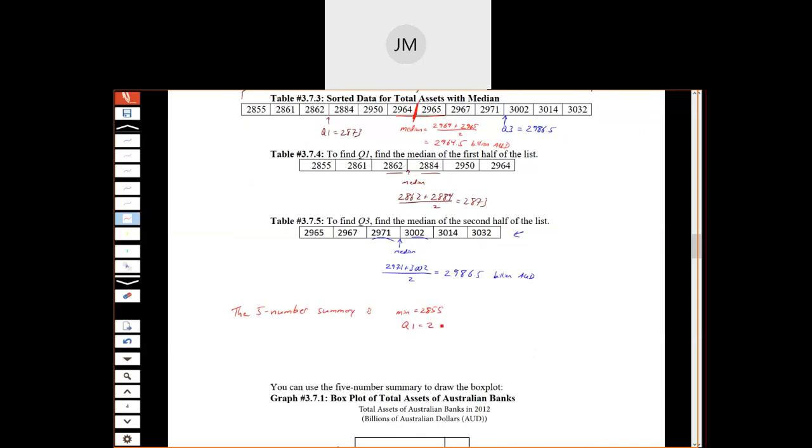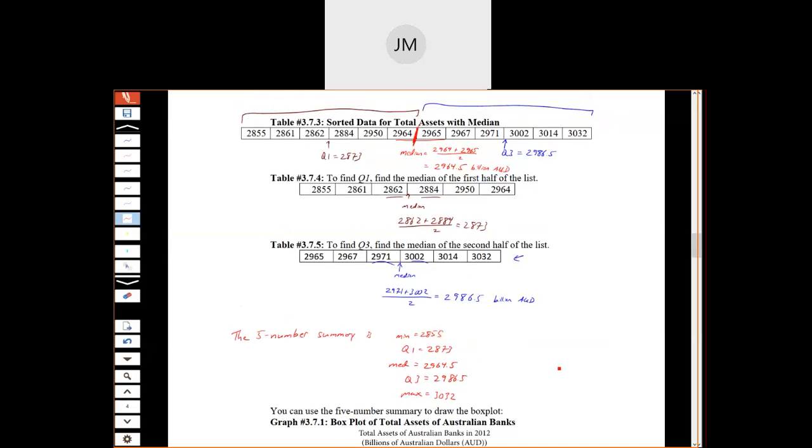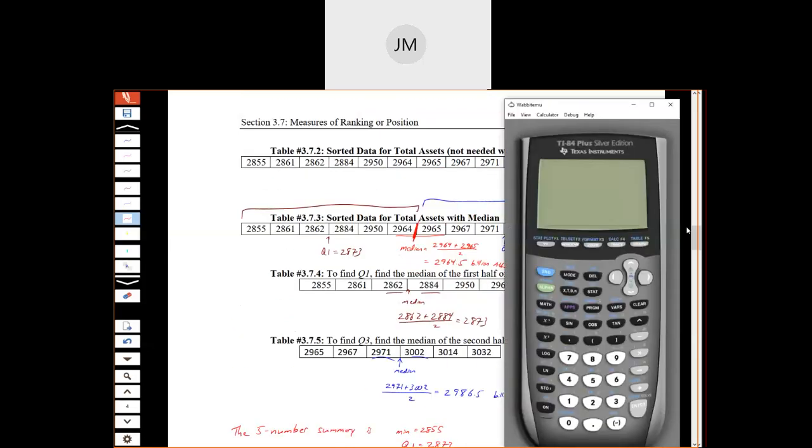Then I write Q1, and I write the median. Then I write Q3, computed at 2986.5, and then I write the max. That's the biggest data value, so 3032. So that's how to do things by hand and how to get them on your calculator.